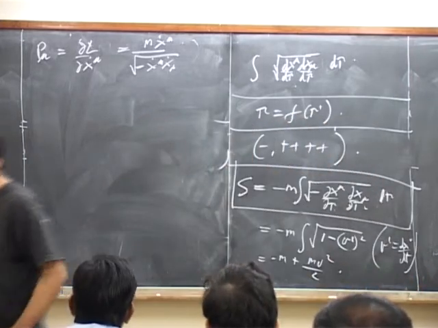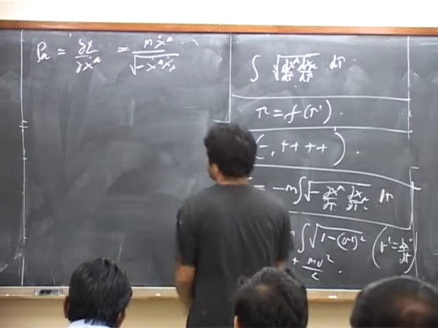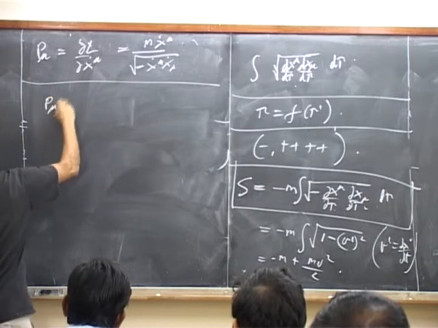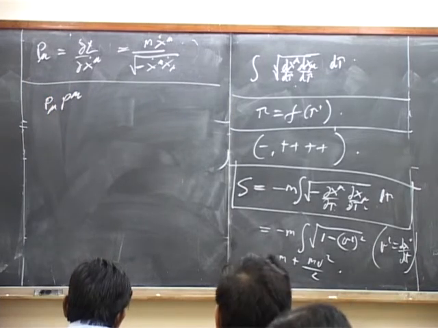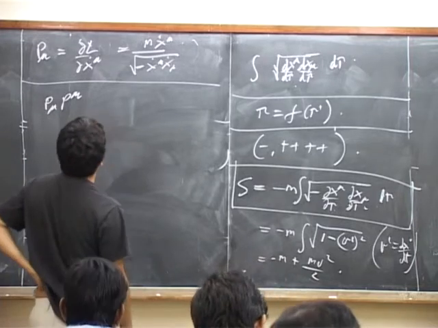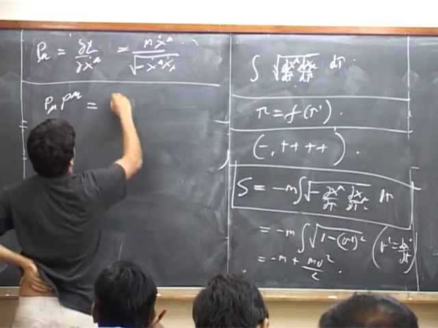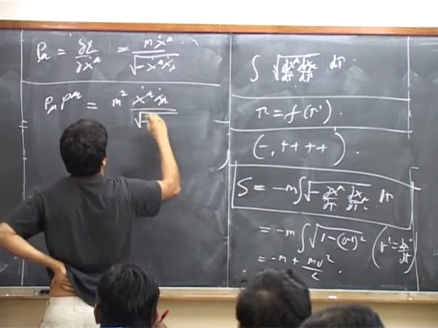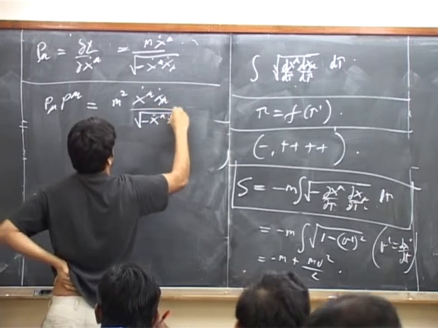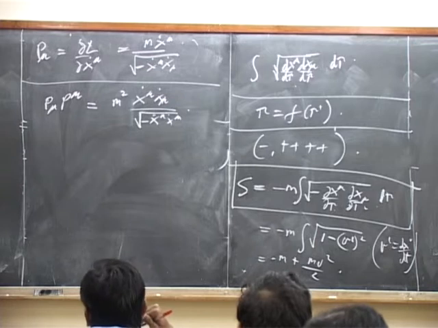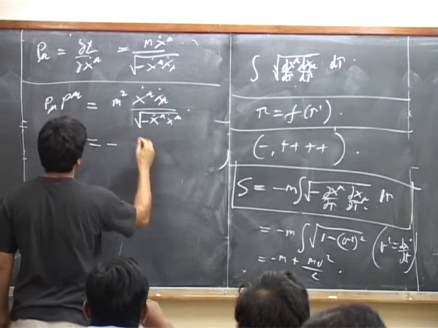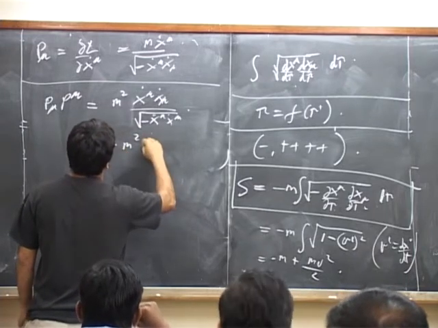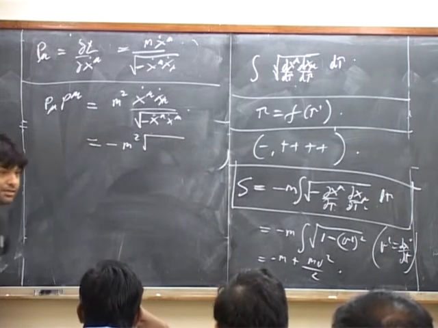We should see that somehow. How do we see that? We see that in the following way. You look at the momentum here, and then construct the following object: P mu P mu. So what do we get? We get m squared x mu dot x mu dot divided by minus x dot x dot. Sorry? The square root is not there.